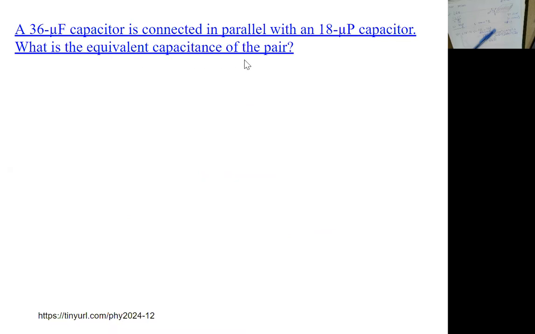These two are in parallel, so you add the capacitances up. So C equivalent is equal to C1 plus C2, 36 plus 18, which will give you 54.